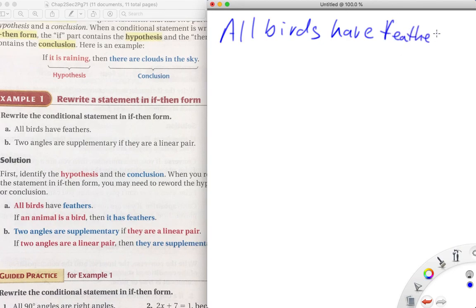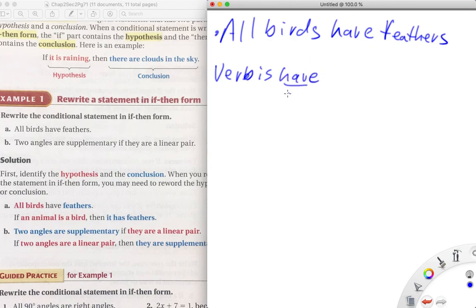when we have a sentence like this and we're asked to put it in a conditional statement, it's usually the phrase after the verb. So we have this sentence, they want us to write it as a conditional. The verb is have. And I know, this is math class, not English class.